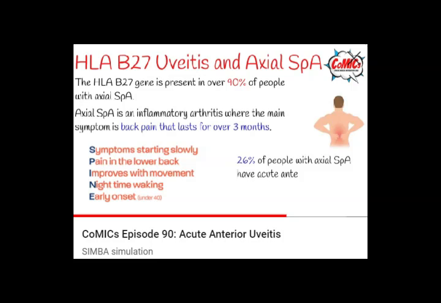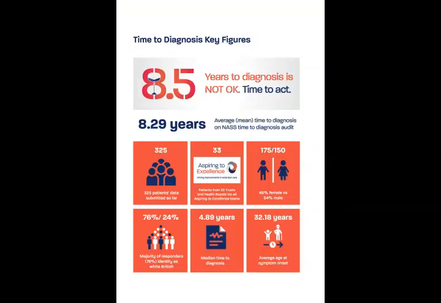So that's why, for me, it's very important to work with rheumatologists such as Karl and my colleagues locally here in Liverpool, and make sure that we're asking for other symptoms and effectively co-managing these patients, because uveitis is a challenging one to diagnose.